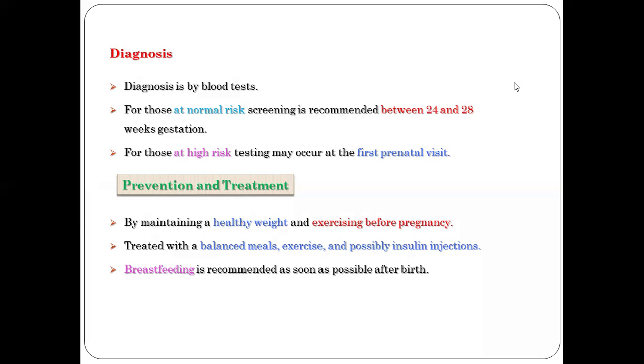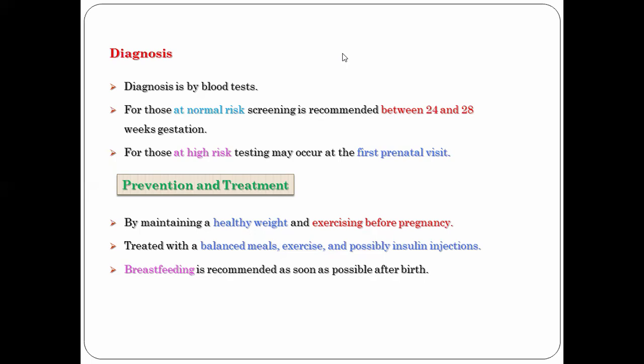That is also good for finding out whether there is GDM or not. But for those having risk, we are going to measure the blood sugar between 24 and 28 weeks. That is the good time in the gestational period. For those at high risk, testing may occur at the first prenatal visit.